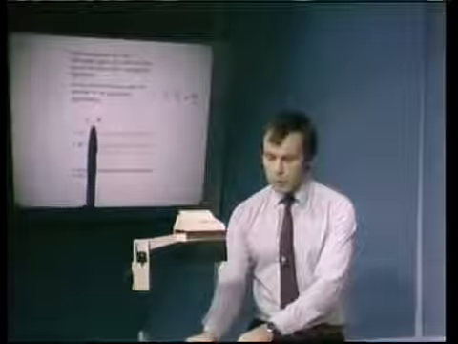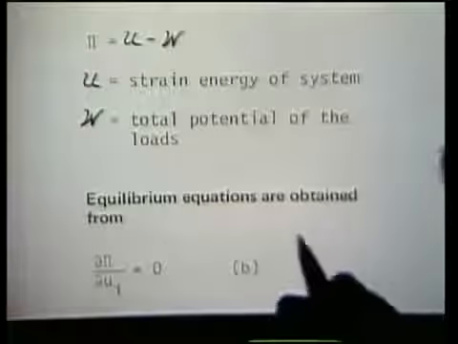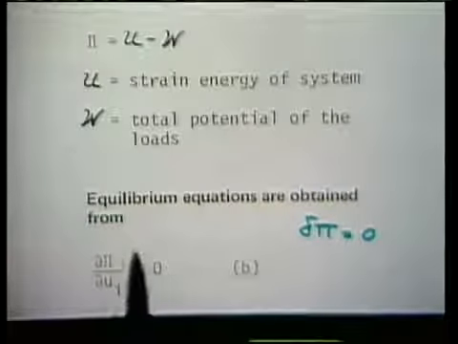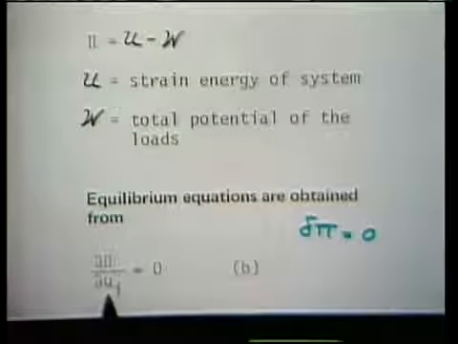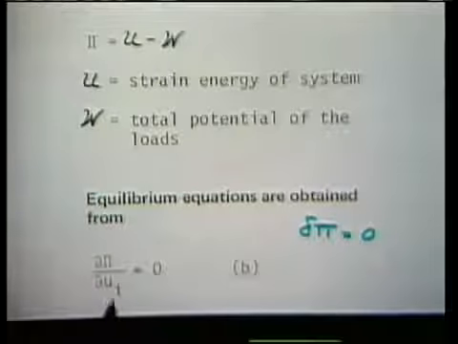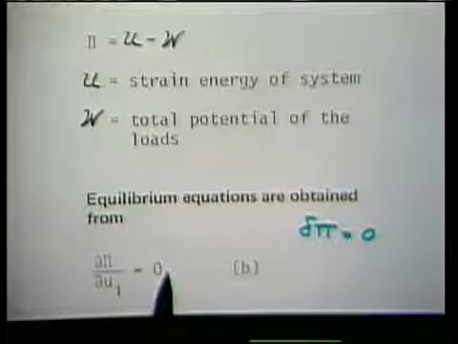The equilibrium equations that we just looked at, Ku equals R, in other words, are obtained by invoking that del pi shall be 0, the stationarity condition on pi, and this means that del pi del ui shall be 0 for all ui. This then gives three equations.